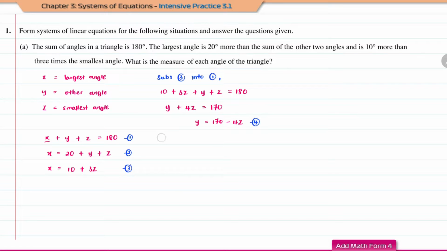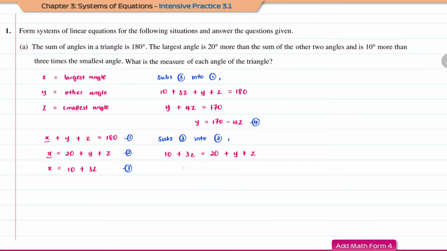Next, I'm going to substitute equation number 3 into equation number 2. So the X here will be substituted using 10 plus 3Z, equal to 20 plus Y plus Z. I'm going to move this plus Z to the other side.